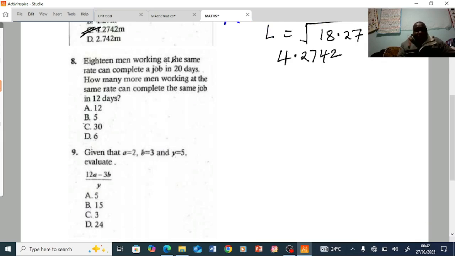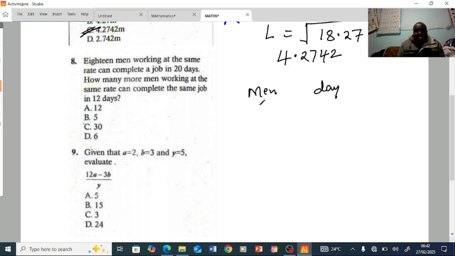Eighteen men working at the same rate can complete a job in 20 days. How many more men working at the same rate can complete the same job in 12 days? Now we have men, working, job, days.